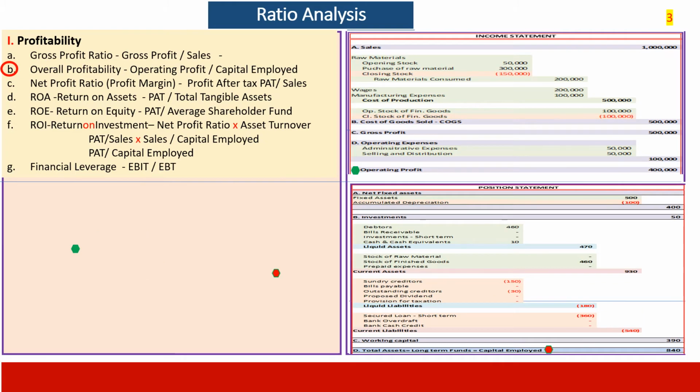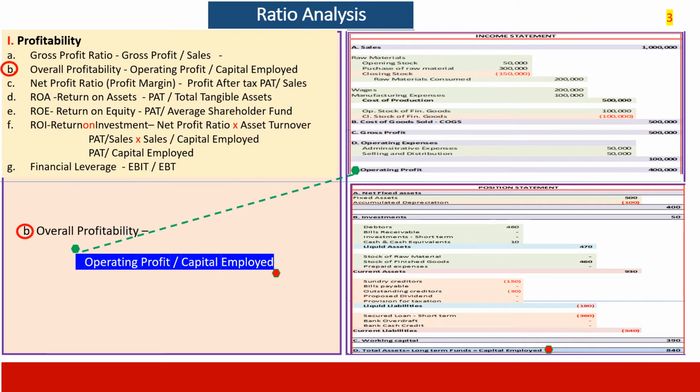The ratio that we take now is overall profitability ratio, which is operating profit divided by capital employed. Operating profit is profit arising from the operations of the company directly. As we see here, it takes care of operating expenses of administrative and selling.